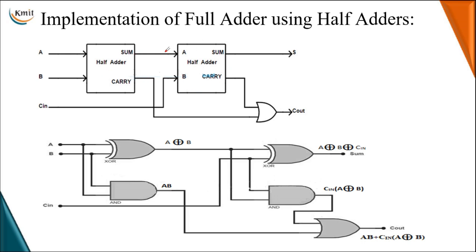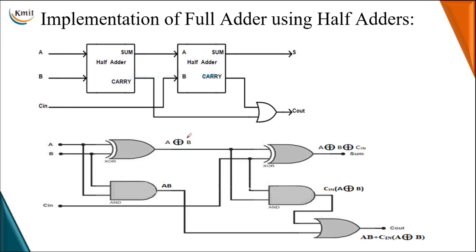In the second half adder, the output of the first half adder acts as one input, and the second input is the third input of the full adder, Cin. The summation of the second half adder gives the full adder summation. Transferring the carry outputs of the two half adders to an OR gate, that OR gate generates the carry output. So now let me pass the first two inputs A and B to the first half adder.